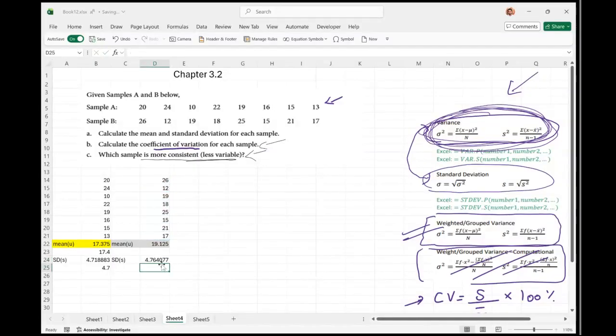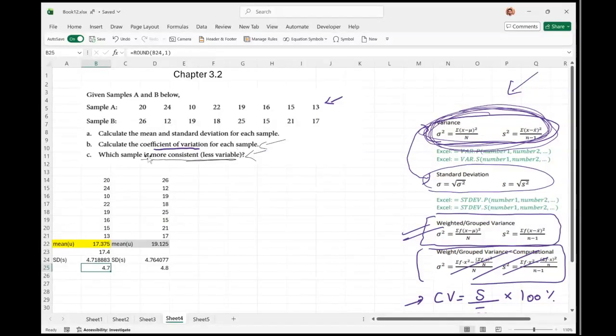Enter, we got the standard deviation. So equal to ROUND. If I were to round this to 1 decimal place, this will become 4.8. So we calculated the standard deviation for sample 1 and the standard deviation for sample 2.